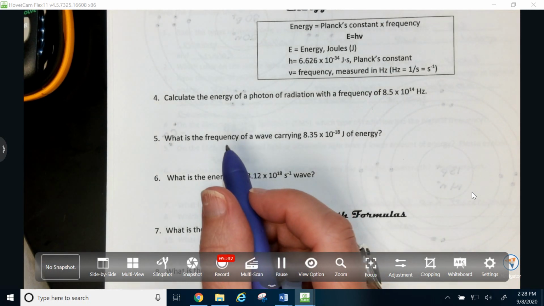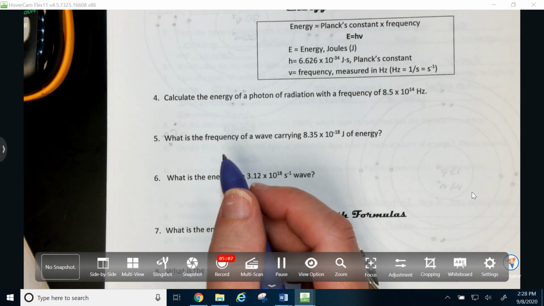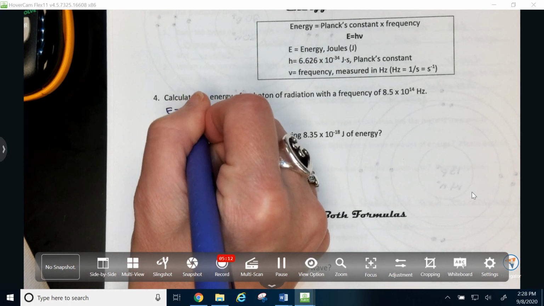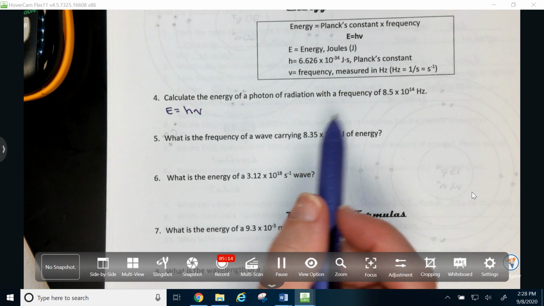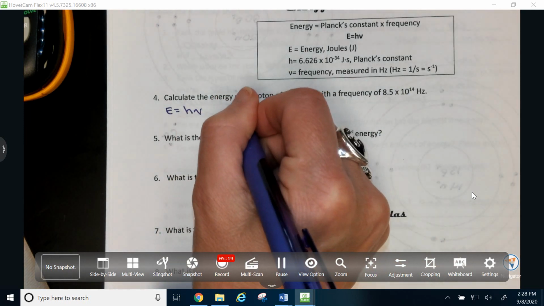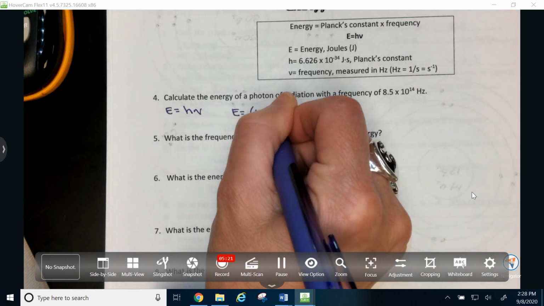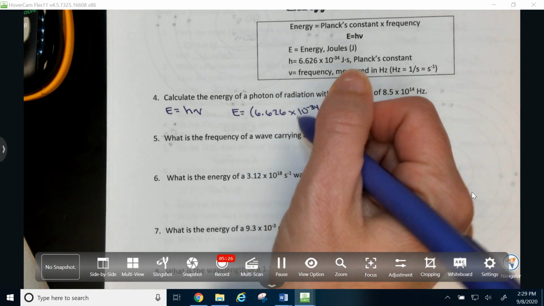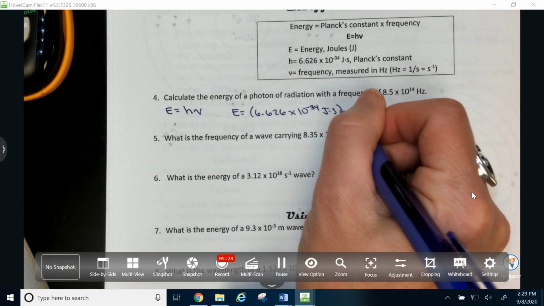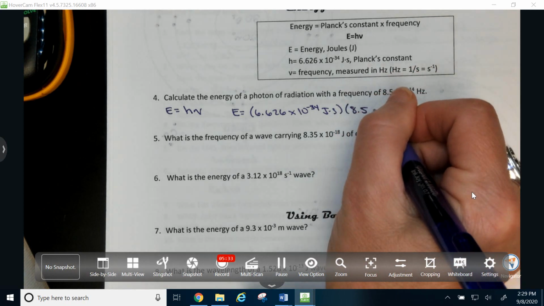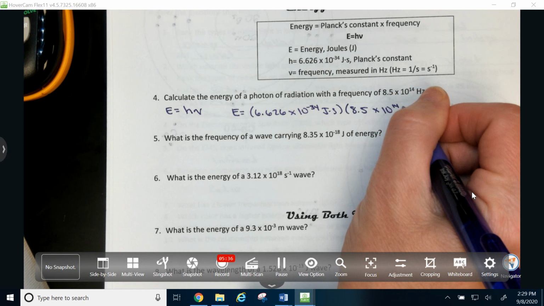So when we're looking at number 4 here, calculate the energy of a photon of radiation with the frequency of 8.5 times 10 to the 14. So we're solving for energy, and our equation is energy is equal to Planck's constant times frequency. We're given the frequency, so we can just go ahead and plug everything in. Our energy is equal to Planck's constant, which is 6.626 times 10 to the negative 34 joules times seconds, multiplied by our frequency, which is 8.5 times 10 to the 14 hertz.